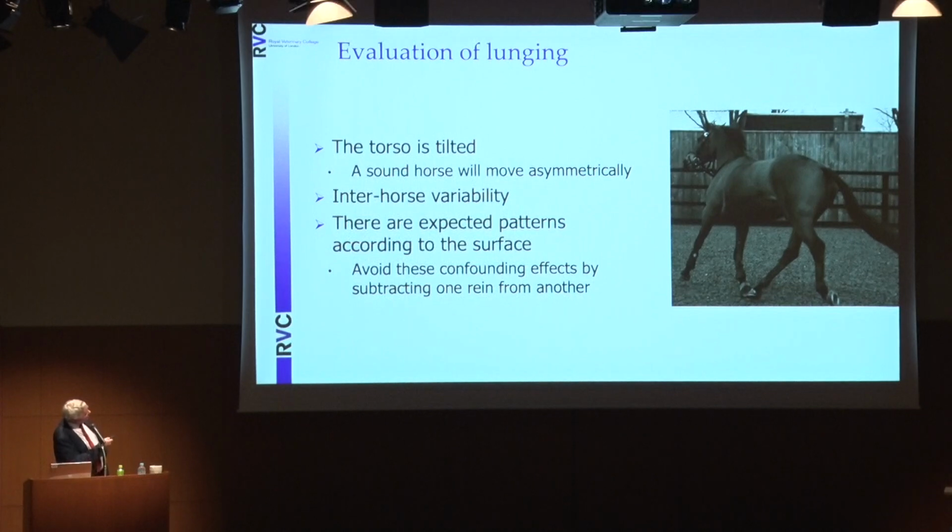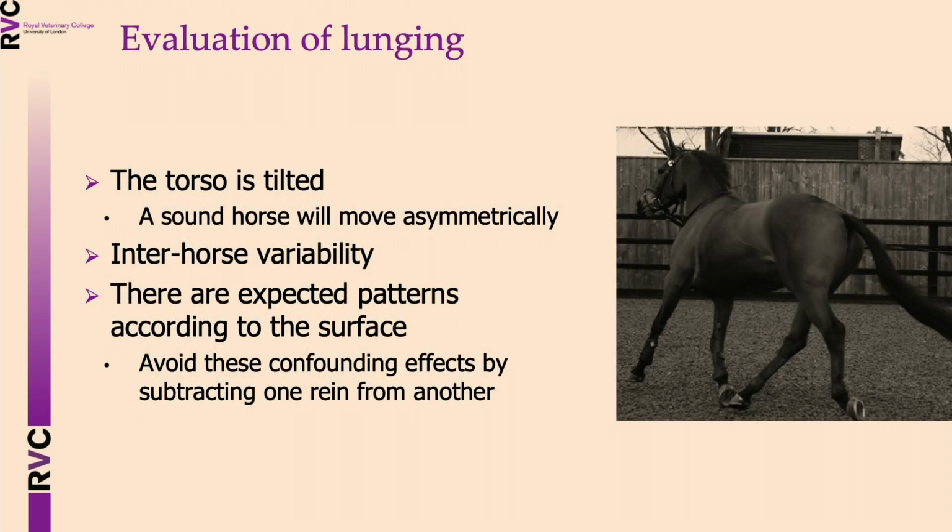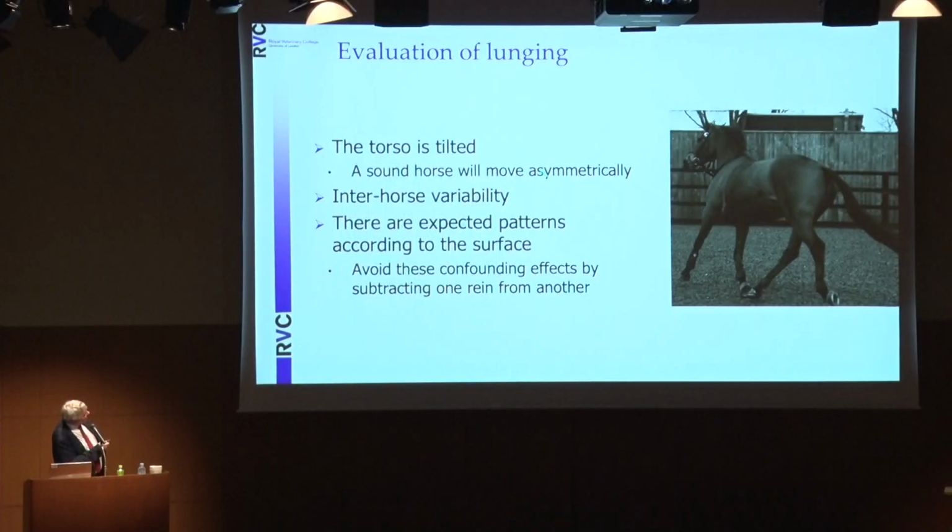In addition to the straight line, we can evaluate the lunging of the horse. But the problem is the horse is tilted, so it gives an asymmetric gait anyway. There is also increased inter-horse variability, but nevertheless expected patterns according to the surface that the horse is trotting on.